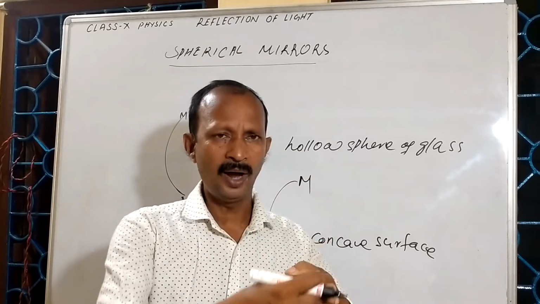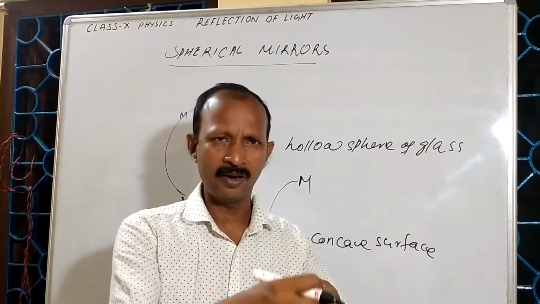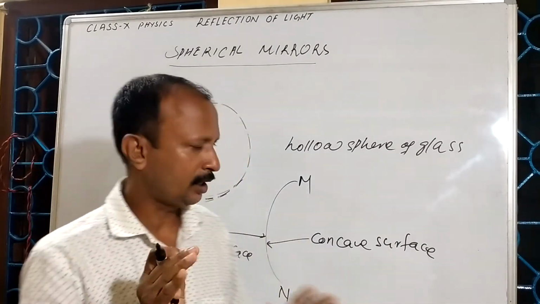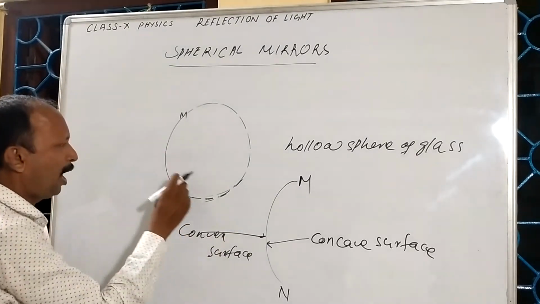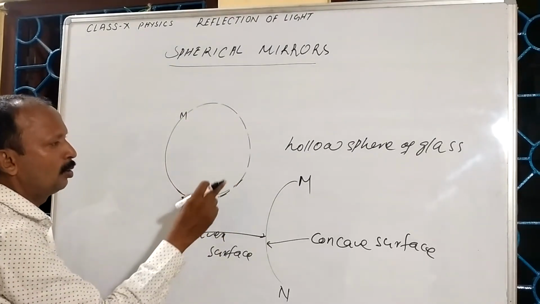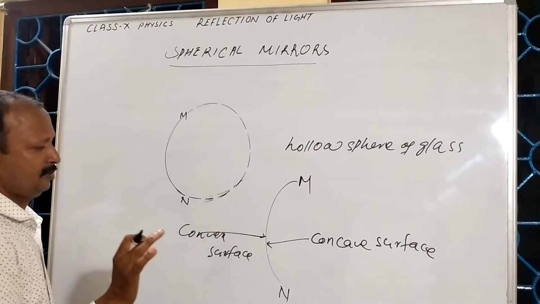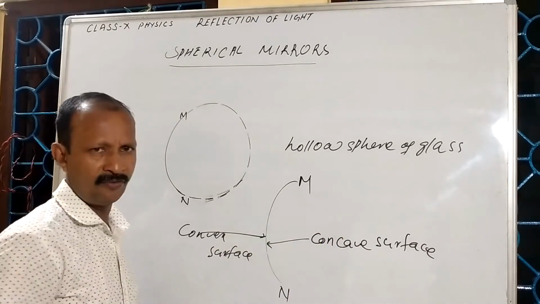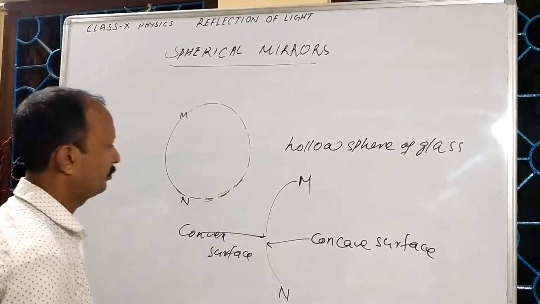One is the outward, bulge-out surface, that is the convex surface. Inward, that is the concave surface. That means I have taken a part of a hollow sphere of glass. This part has two surfaces: one is the concave surface, the inward surface, and one is the outward surface, the convex surface.